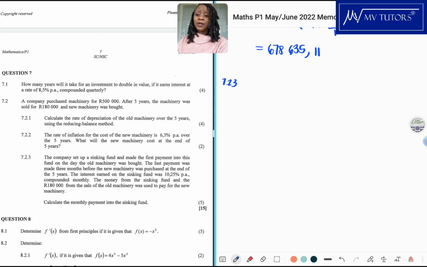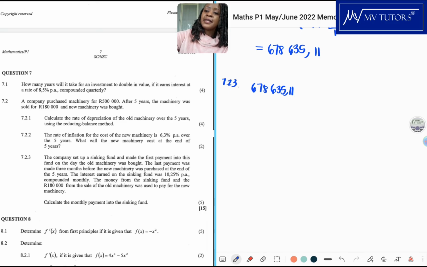So first of all, now it says calculate the monthly payment into the sinking fund. Firstly, I would ask myself, what amount would I need to save? Or rather, what amount do I want to get at the end? Basically it would be the 678,635,11.